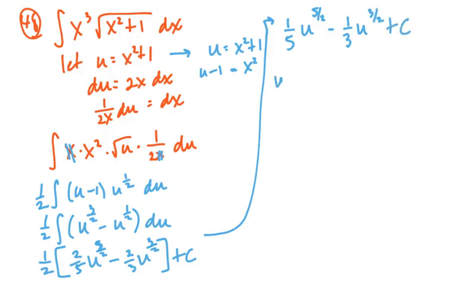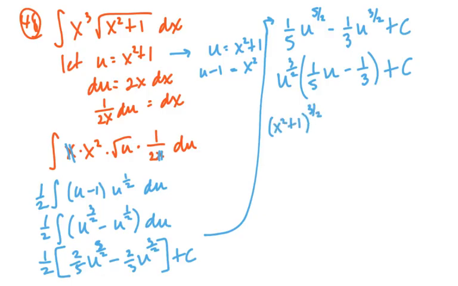I think it's easier to factor, so let's factor out this u to the 3/2. I could factor out a 1/15 and do away with the fractions, but we won't do that. So 5/2 minus 3/2 is 2/2, which is 1, minus 1/3, plus c. So u is x squared plus 1 to the 3/2.